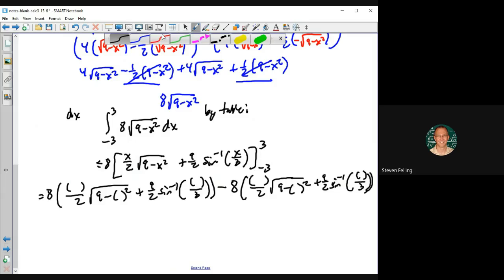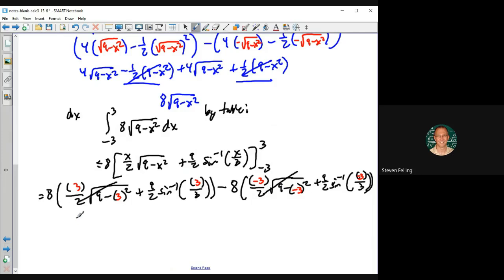But we would be plugging in 3 here and here and here, and negative 3 here and here and here. So carefully boiling this down, this is 9 minus 3 squared, which is 0, so this actually goes away. Same thing here. This term right here is 0, so this goes away.